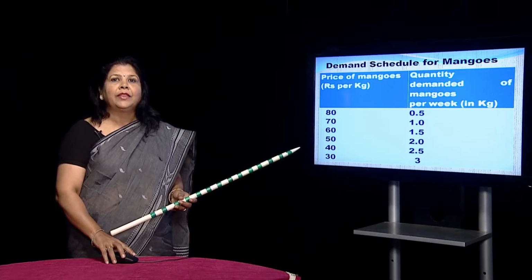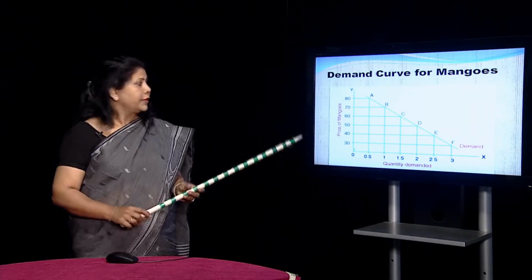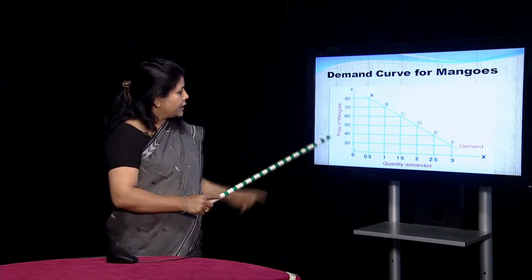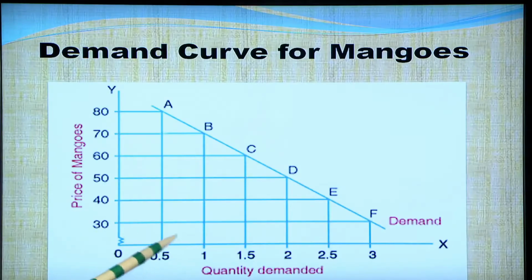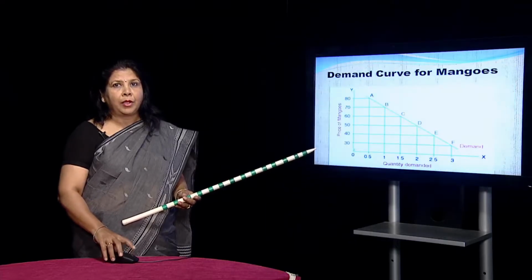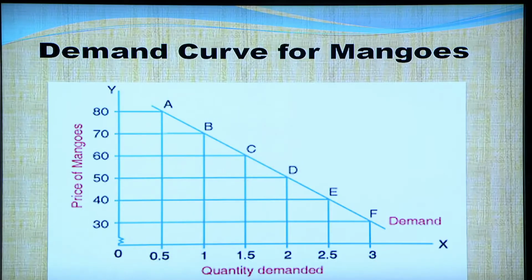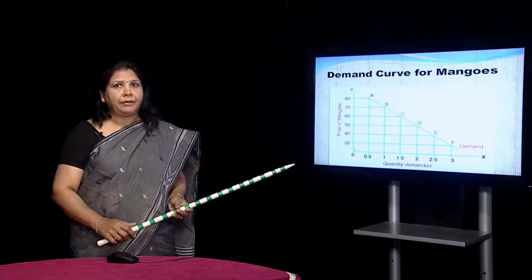We get the demand curve for mangoes. As shown here, the same data which was shown before has been plotted as a curve. And so, this way we get the demand curve.